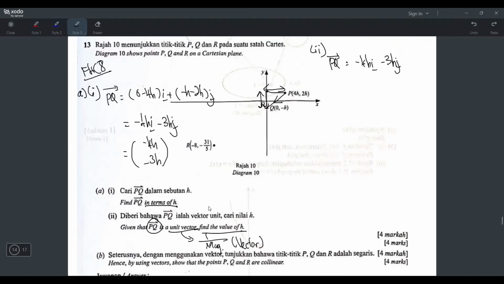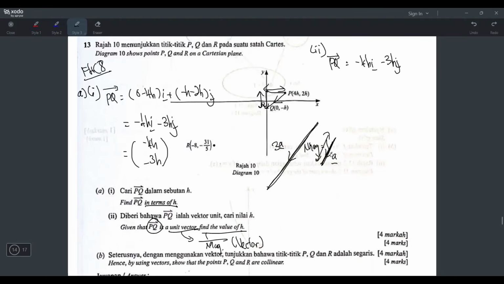So what's the meaning of unit vector? Unit vector means the magnitude is equal to 1. For example, this is a vector 3a, and this is vector a. I'm telling you now the magnitude of this is 1, so we can say that this is the unit vector of this line.